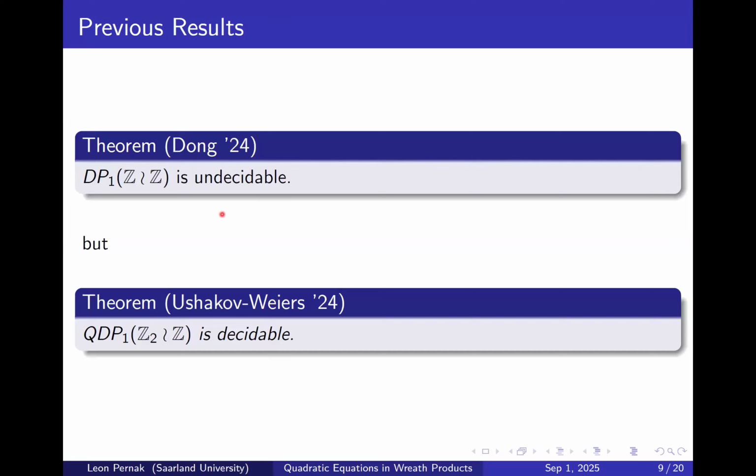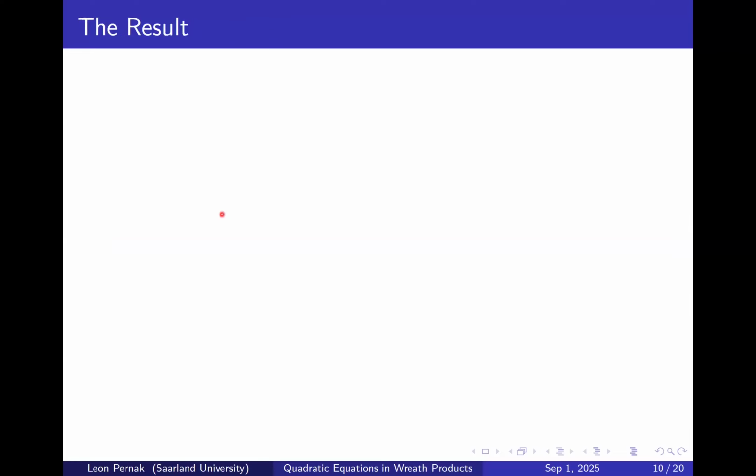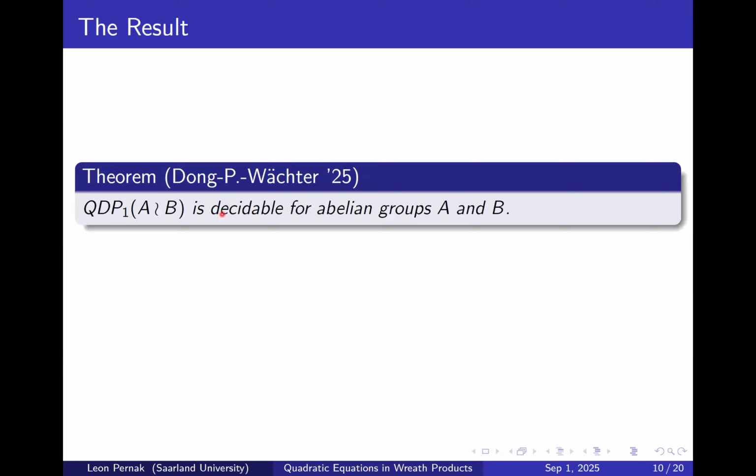And among these some things, the result which we proved, and I'm going to talk about from now on, is that quadratic equations are decidable in general for wreath products of abelian groups.